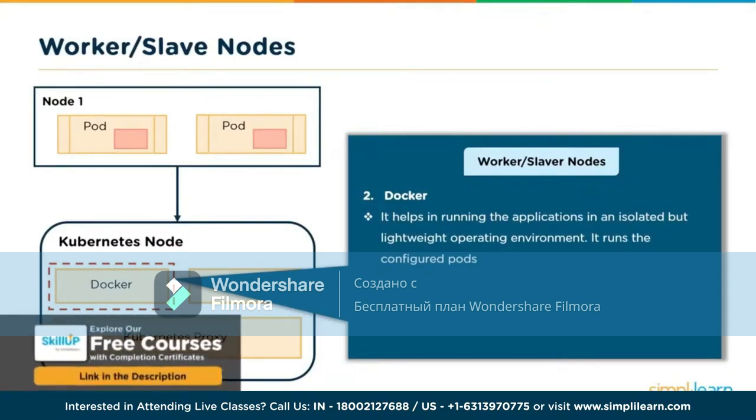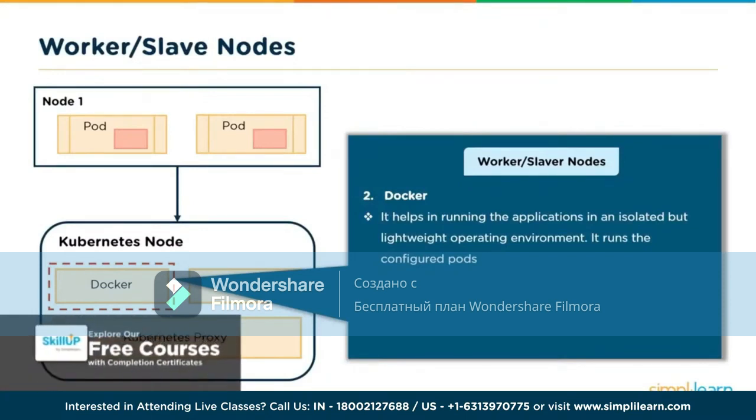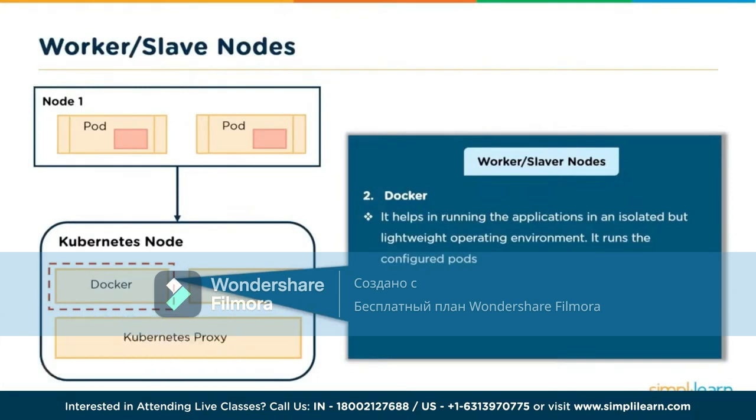So in case you want a node which has Docker running on it, RKT running on it, LXC running on it, or any other container environment, you have to ensure that the specific container runtime environment is available on that specific node, so that whenever a job is submitted, with a description of what needs to be run as a part of the pod, what image it should be powered with, and what kind of container to spin up, and the job is finally assigned to this particular node, it would definitely need a container runtime to be up and running. So that exists only if the container runtime is installed and running on your Kubernetes worker node.